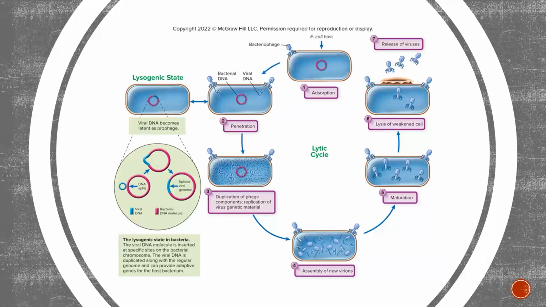Every time the bacteria copies its own genetic material, it'll copy the viral genetic material right along with it. It's not hurting the host, other than just making it copy more DNA. And it can hide out here for years, potentially, until the environment's right. And then it can swap back into gear and start copying and making more of itself.